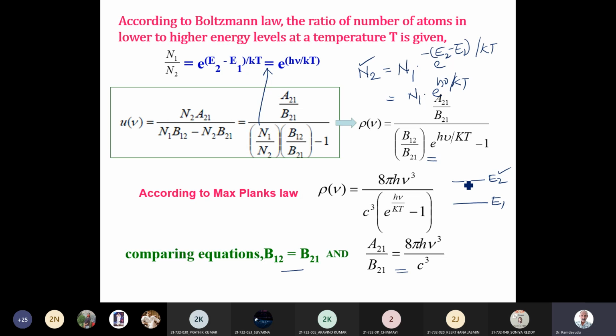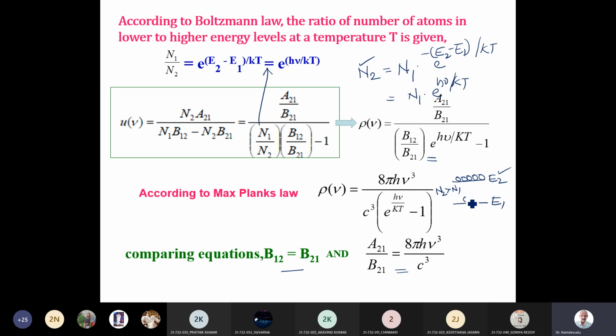And then second, we should have a greater number of atoms at the higher energy level than the lower energy level, which is called population inversion. That means N2 must be greater than N1. These are the requirements. But if I take two energy levels only, suppose I have sent 6 atoms up.